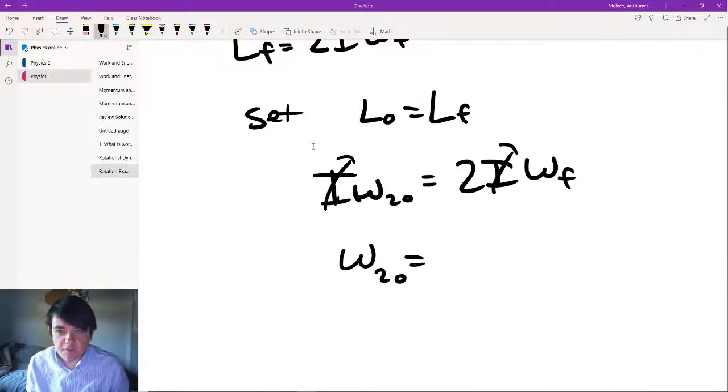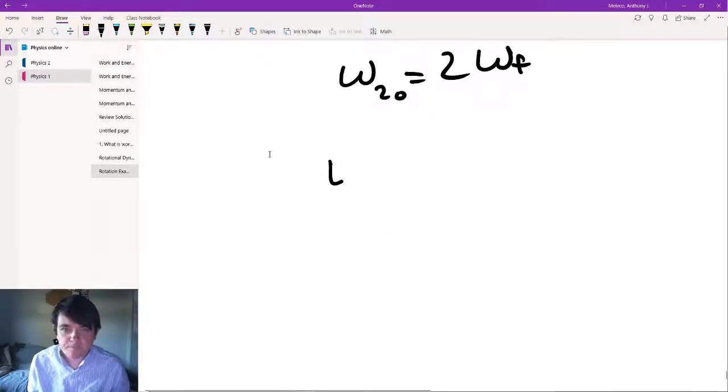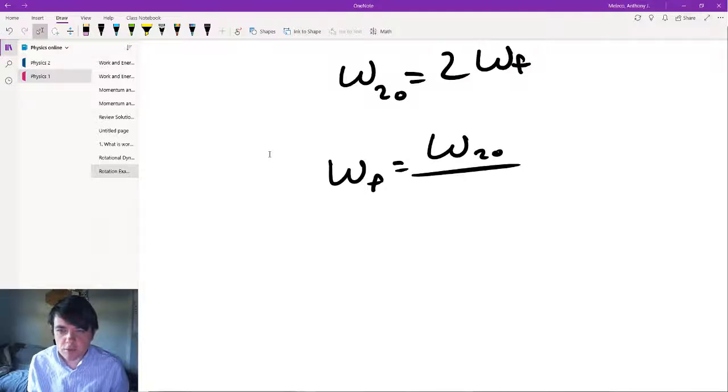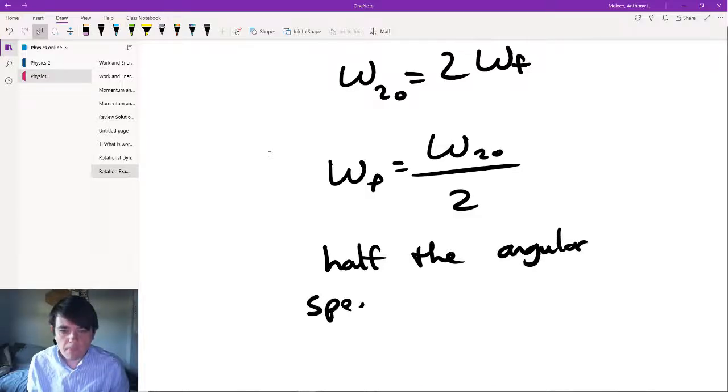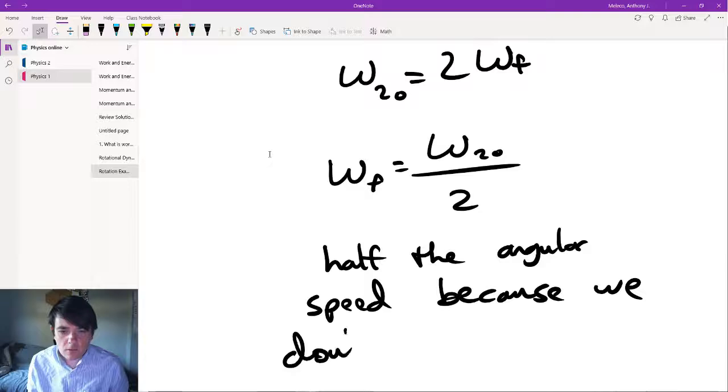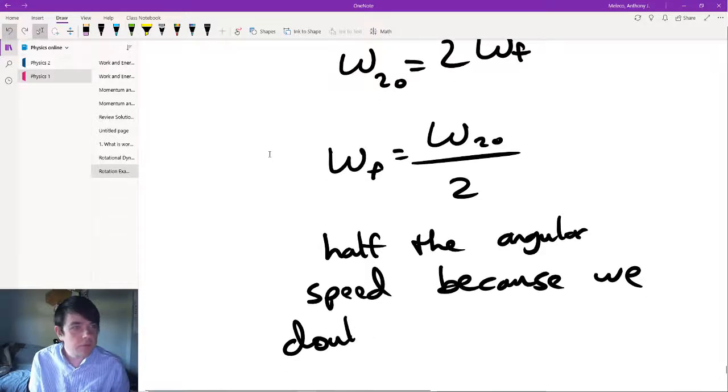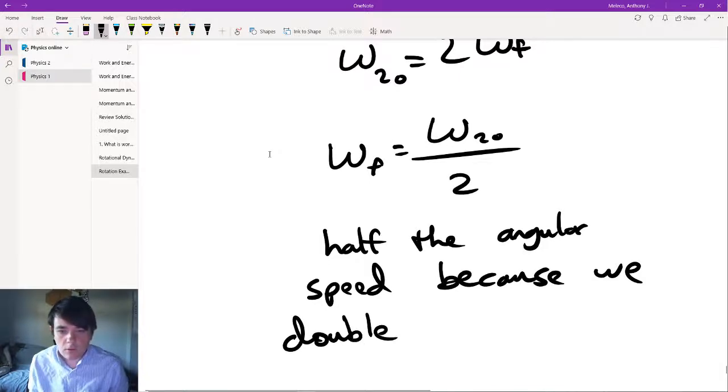And so now we have this. And so our final angular speed is just our initial rotating speed over 2. So it's half the angular speed, because we can't write, but it's because we doubled I, our moment of inertia.